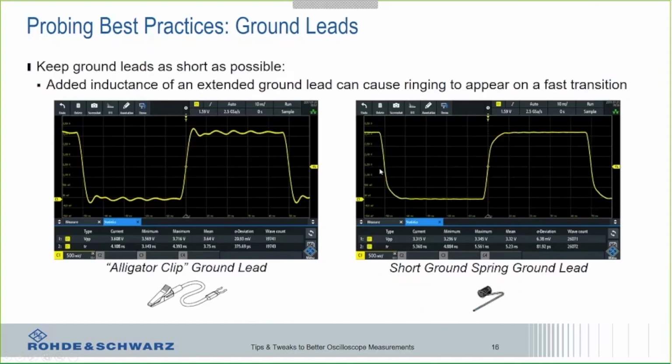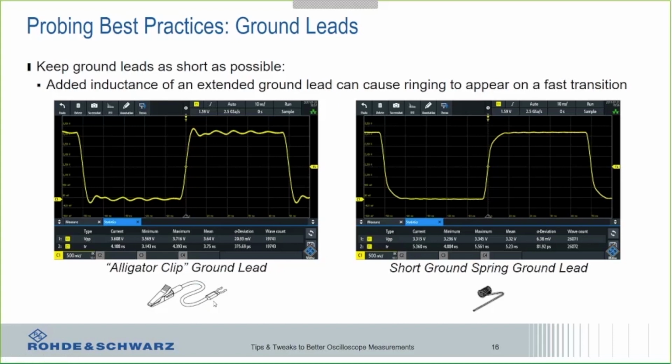So the next thing I want to talk about is how you attach to your device under test, in particular when it comes to things like ground leads. Those passive probes I was just talking about, it's very common for them to have something that we call an alligator clip. There's a picture of one down here in the bottom left-hand corner, and those are super useful.